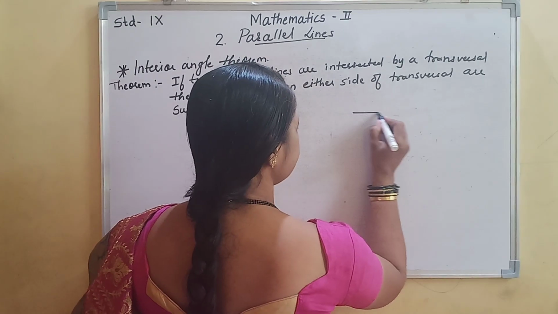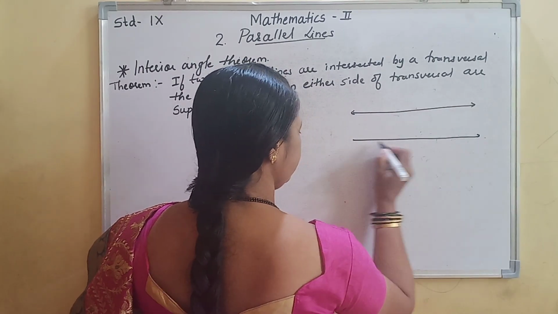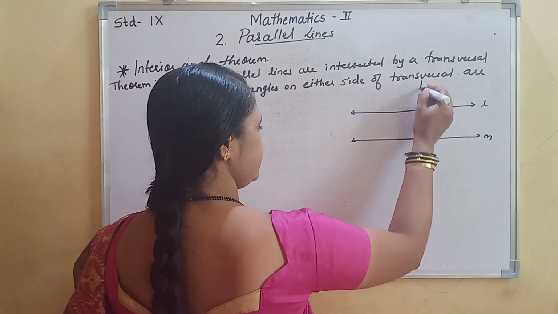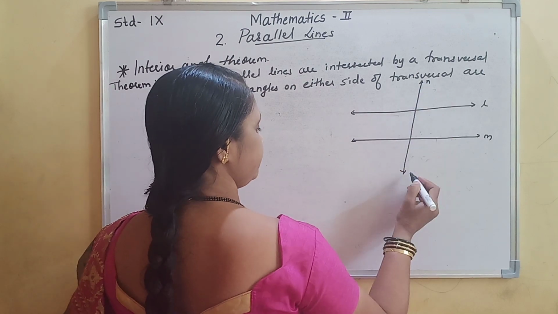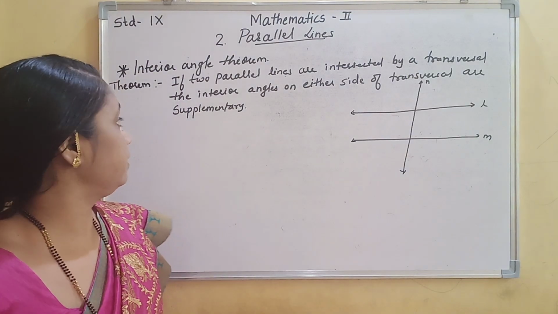Now see the figure, how it will come. Two parallel lines, we will name them L and M, and this is the transversal. We will name it N. Line L and line M are parallel. Now what does it say?